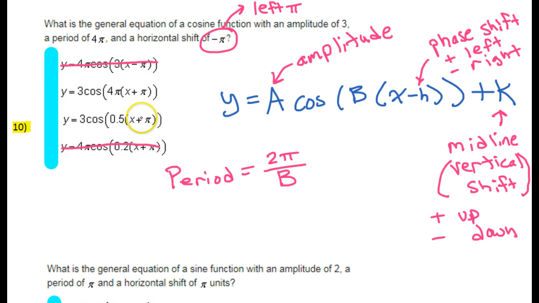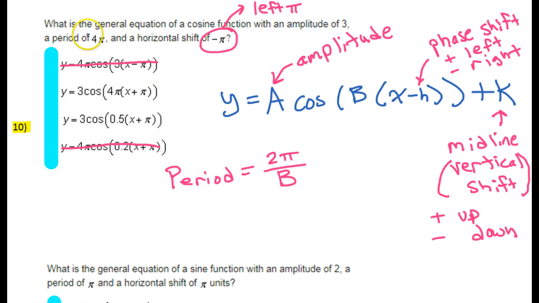But both of these have plus pi, so that doesn't help narrow it down anymore. Notice that both of these have plus pi, and positive means left. So the horizontal shift or phase shift is actually negative pi. Anyway, we're going to have to find the period.